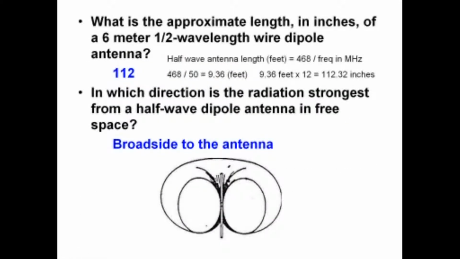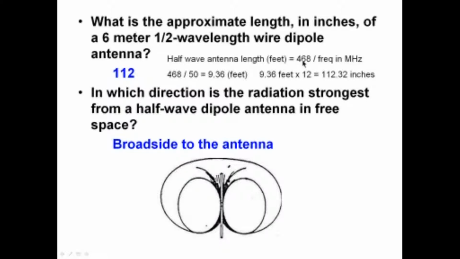What's the approximate length in inches of a 6-meter half wavelength wire dipole antenna? Okay, now we're at 6 meters. The frequency is 50 megahertz. Remember, I asked you to learn what the frequency limits of those various bands were, and here's where you need it. Now, if the quarter wave antenna had a constant of 234, you could probably guess that the half wave antenna has a constant of 468.